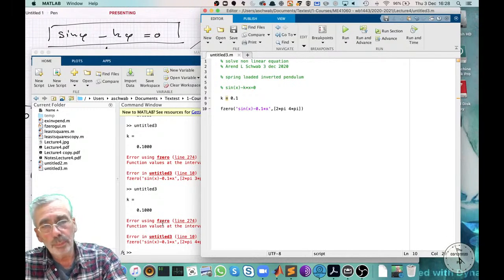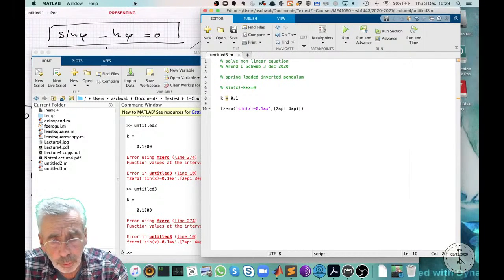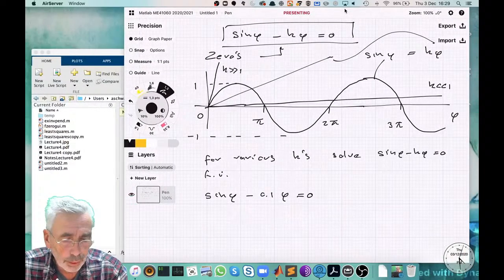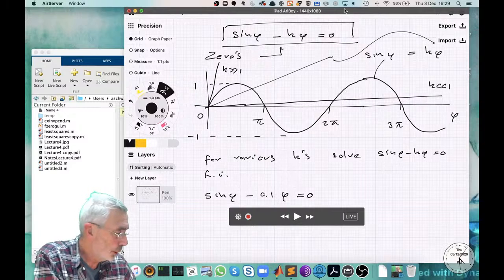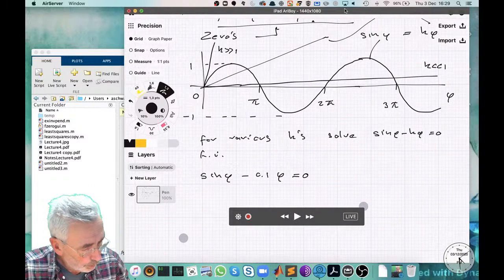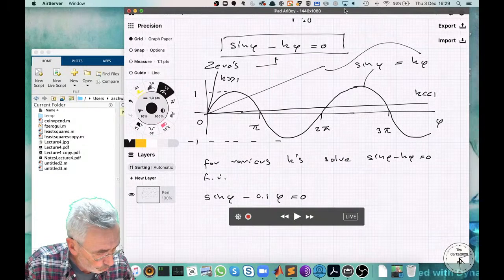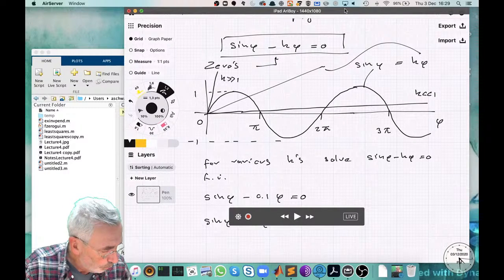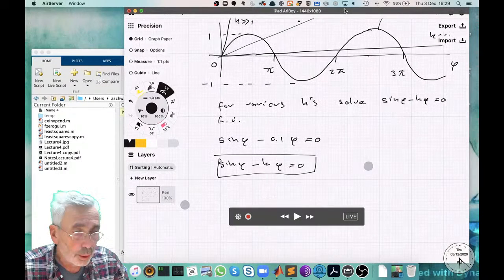However, if you look at the problem, and therefore we go to my notes again, it's actually that simple to solve it. Instead of saying, given some k, this was the problem, sine phi minus k phi is 0, you can say, I give a k and I can solve for phi, but you can also turn the thing around.